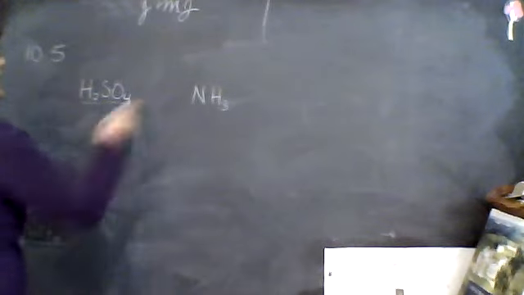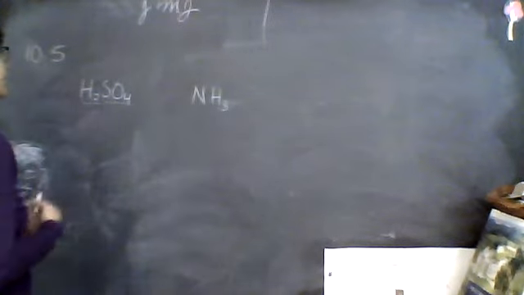This is the sulfate, and this is 2 hydrogen, right? Back to 10.5 is where we're looking. Okay, so we want to describe the reaction. So this is an acid.